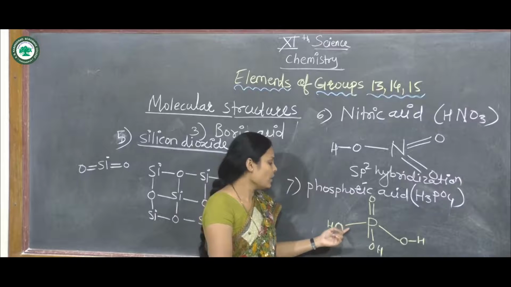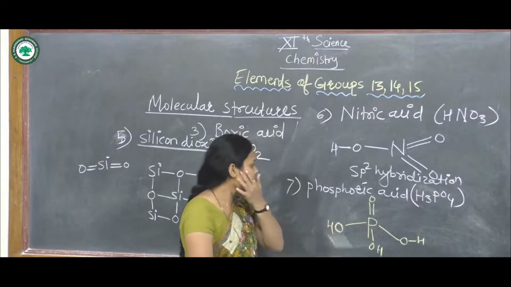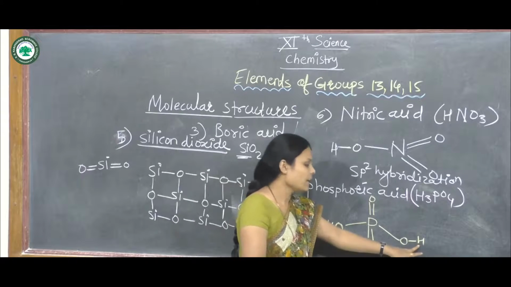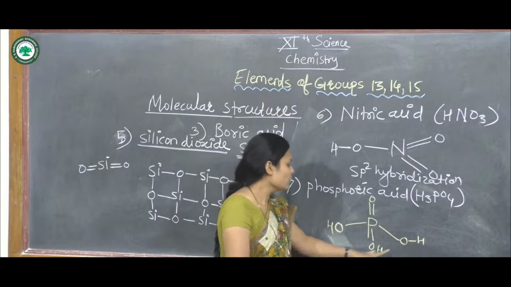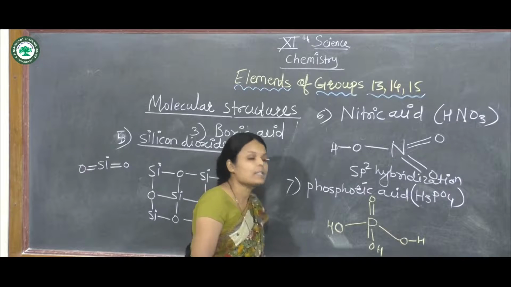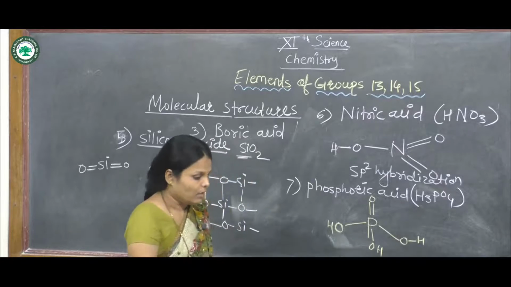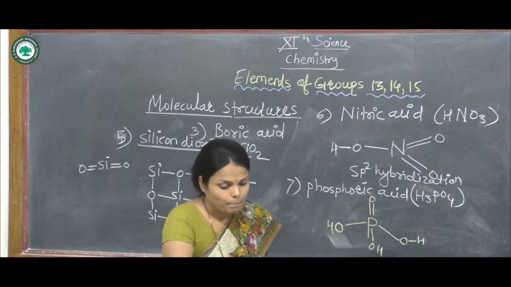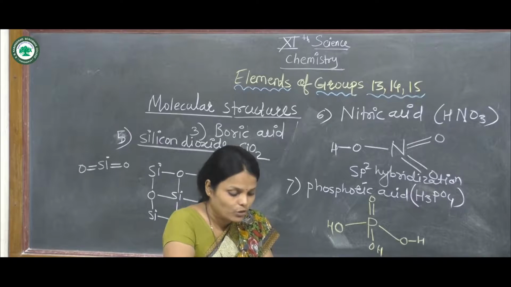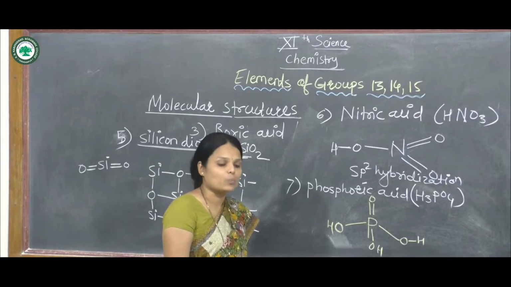Now the remaining 1 oxygen also has hydrogen attached, meaning 3 hydrogens are completed, 1 phosphorus and 4 oxygens. Here are 1, 2, 3 hydrogens, then oxygens 1, 2, 3, 4, and 1 phosphorus is written as the central atom. Phosphoric acid contains 3 ionizable acidic hydrogens and the central atom is phosphorus. This is the structure of phosphoric acid.